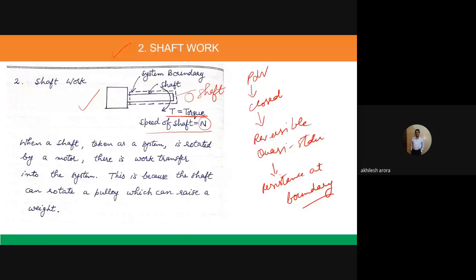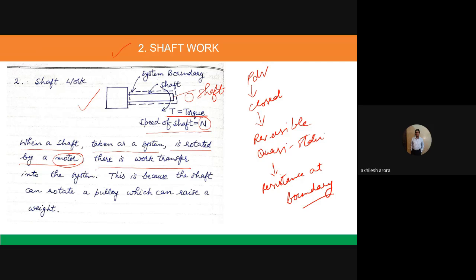When a shaft is taken as a system and is rotated by a motor, there is a work transfer. The shaft is rotating because of the motor, but it is not necessary to rotate it by a motor; you can rotate it by some other means also. This is one of the ways of rotating it.